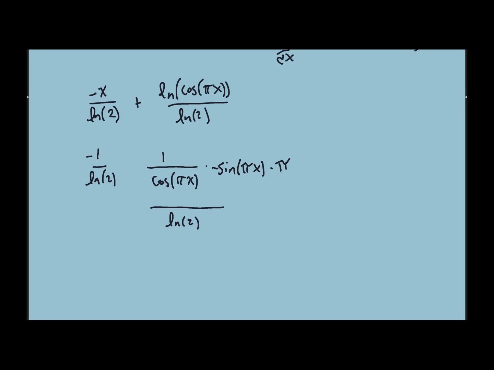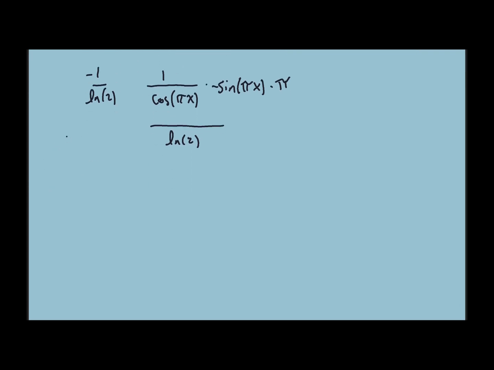So I think what we're looking at so far is negative 1 over ln of 2 plus, negative sine over cosine would be, we'll make that even a minus like this. This was still a plus up here. Minus, I want to say that this is a tangent of pi x. That makes the cosines go away.